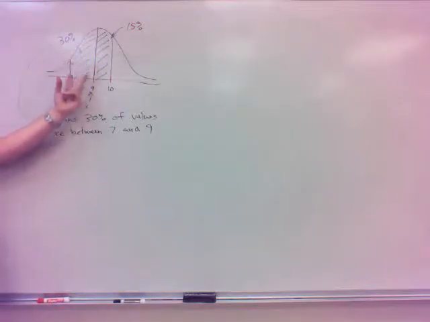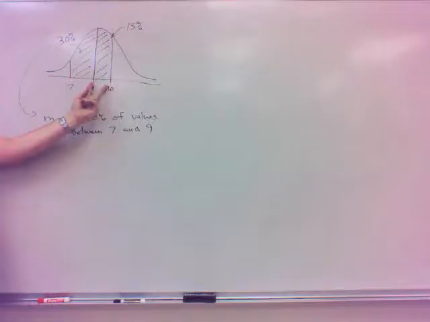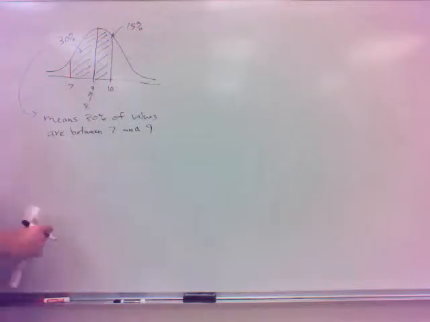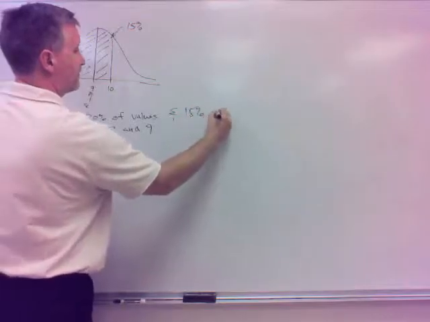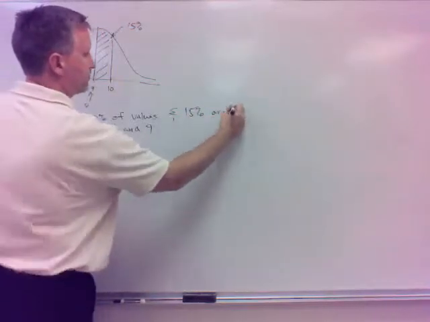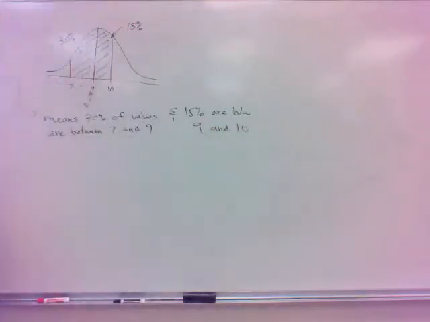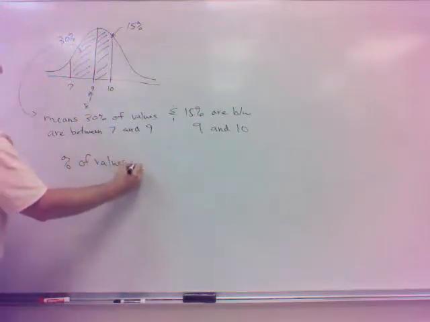Since this area here is 30%, 0.30, that means 30% of the values are between 7 and 9. What does this mean? 15% are between 9 and 10. Okay? So if you understand that, if I were to ask you what percentage of values are between 7 and 10, what would you tell me?